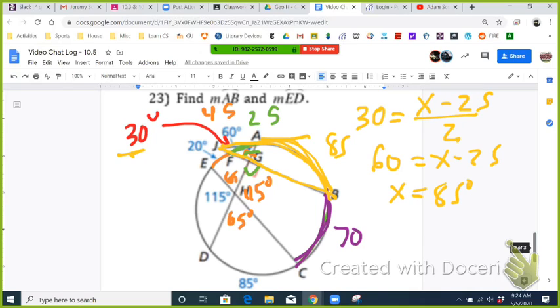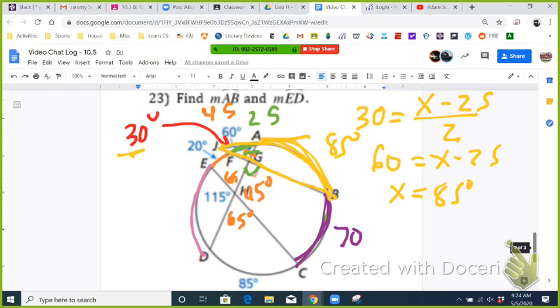So this arc right here is 85 degrees, 70, 85, and then you know that the other part, the green part, is 25 and the orange part is 20. So to find the remaining part of the circle, we could subtract all those from 360.